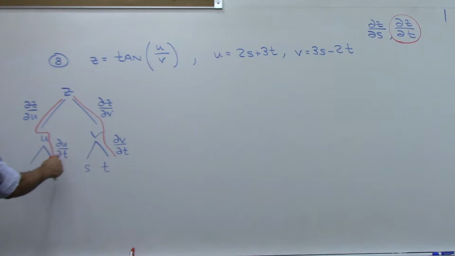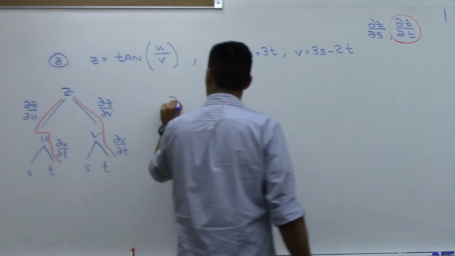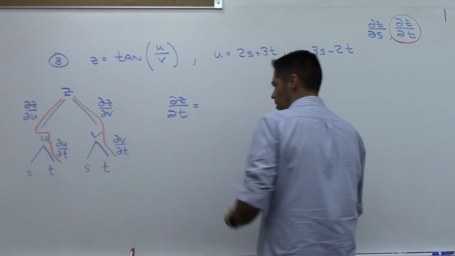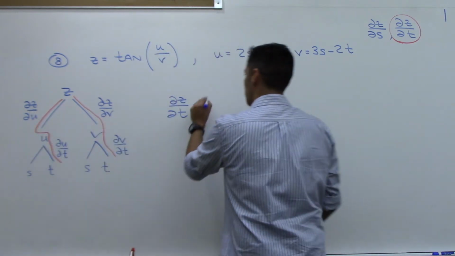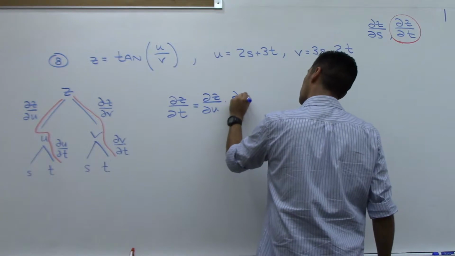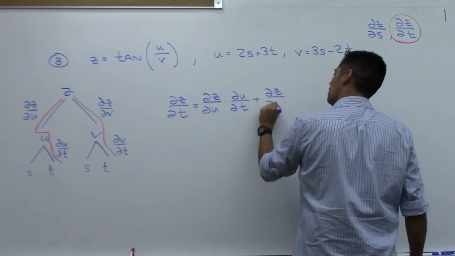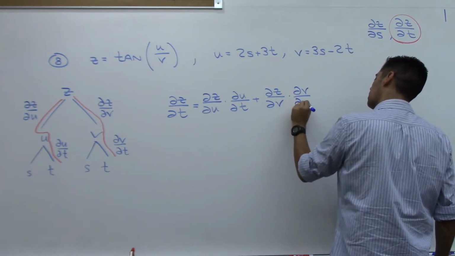So I'm going to go here, multiply those two, add these two being multiplied. So partial z with respect to t is, I wonder if you can do this all at one time. Partial of z, I'll write it down. Partial z with respect to u times partial u with respect to t plus partial z with respect to v times partial v with respect to t.